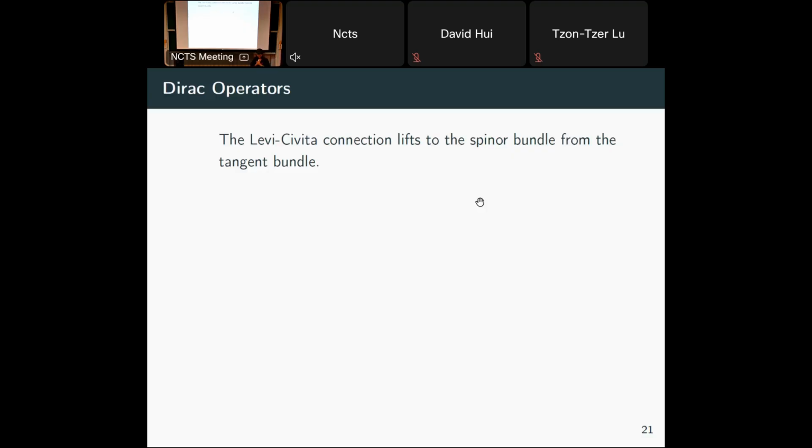Same underlying manifold, but if the fiber is different, that means the bundle is different. It is still a vector bundle, but remember, the tangent bundle is a special vector bundle where the fiber is your tangent space.